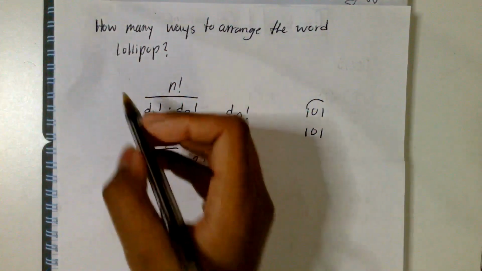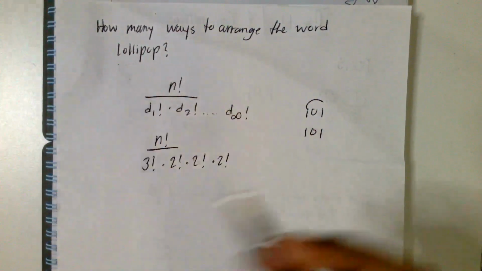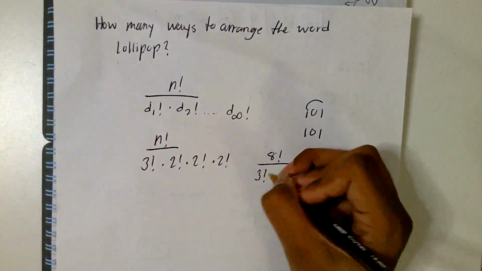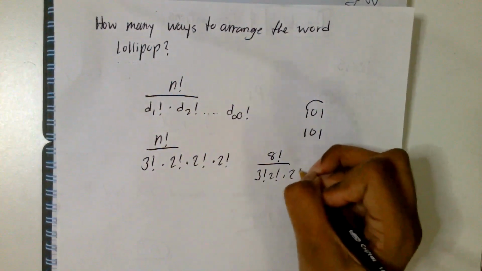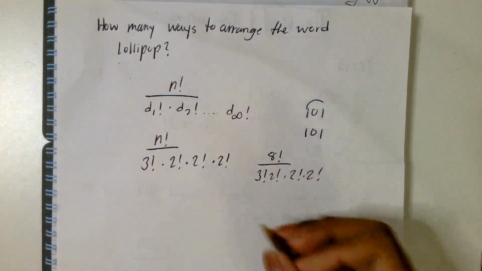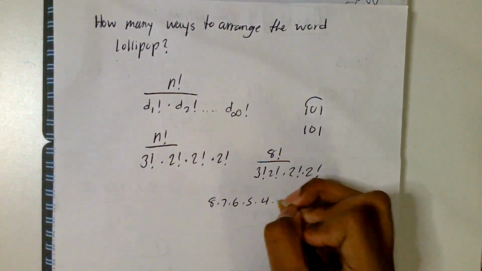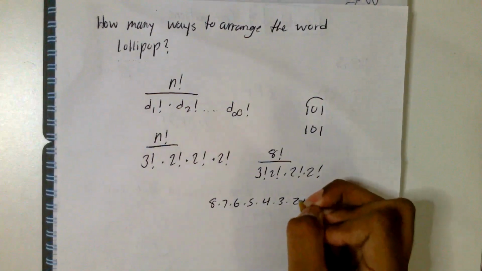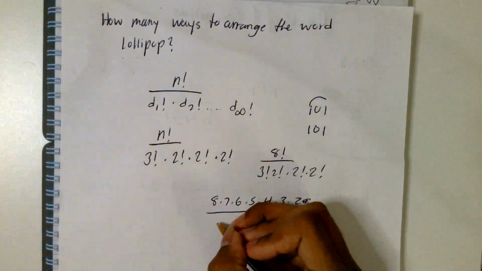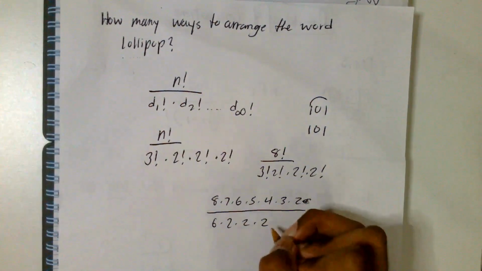Now top side, how many letters are there? 1, 2, 3, 4, 5, 6, 7, 8. So 8 letters. So 8 factorial divided by 3 factorial times 2 factorial times 2 factorial times 2 factorial. So let's evaluate this. So 8 times 7 times 6 times 5 times 4 times 3 times 2, and we don't need to do times 1, over 3 times 2 times 1, that's 6, times 2 times 2 times 2.